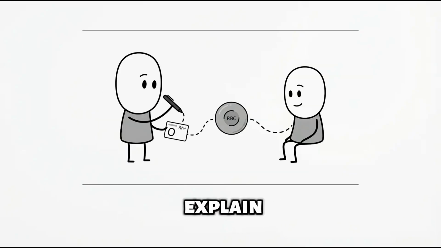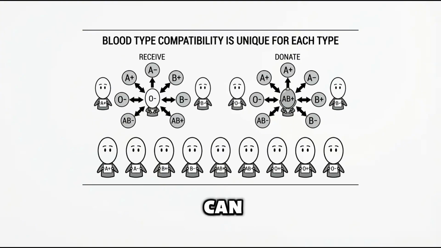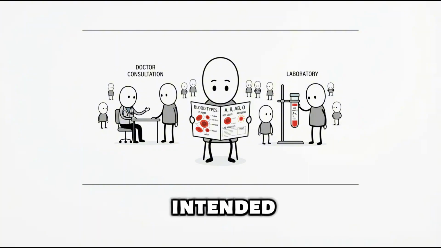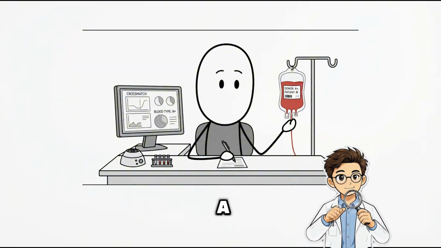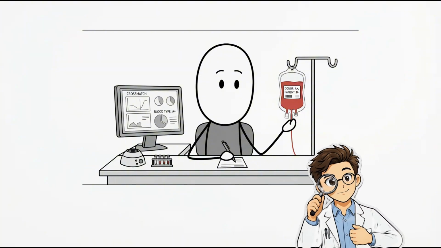This article will explain how each blood type works, which red blood cells it can receive, whom it can donate to, and why no blood type is truly better than another. This article is intended for general educational purposes and does not replace laboratory testing, medical advice, or professional decisions made by a transfusion service.